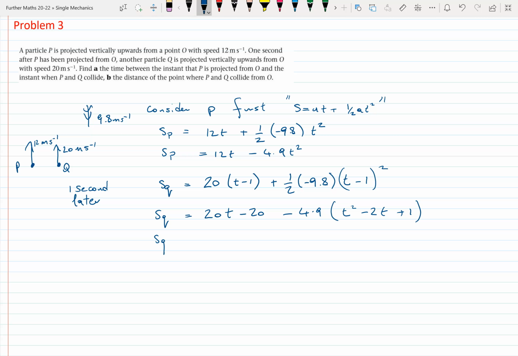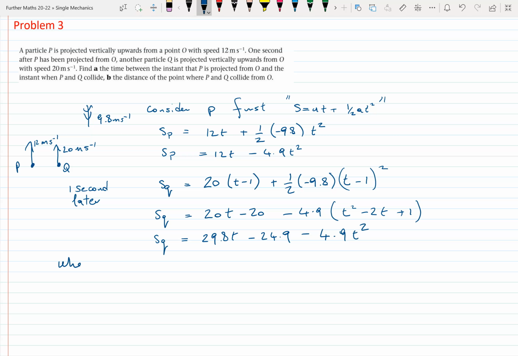So we have SQ equals, and we've got minus 4.9 times plus 2t, so minus 9.8t times minus, that gives 29.8t, and we've got minus 20 and minus 4.9, so it's minus 24.9, and we've got minus 4.9t squared.